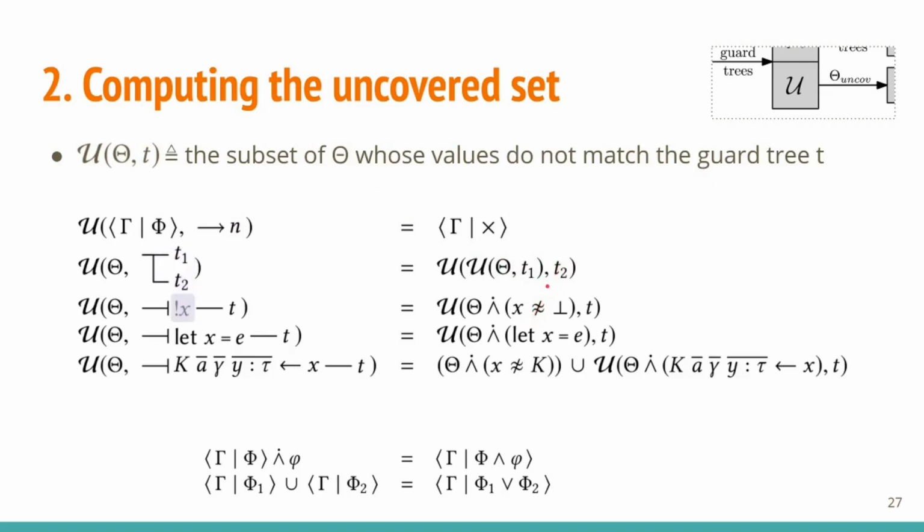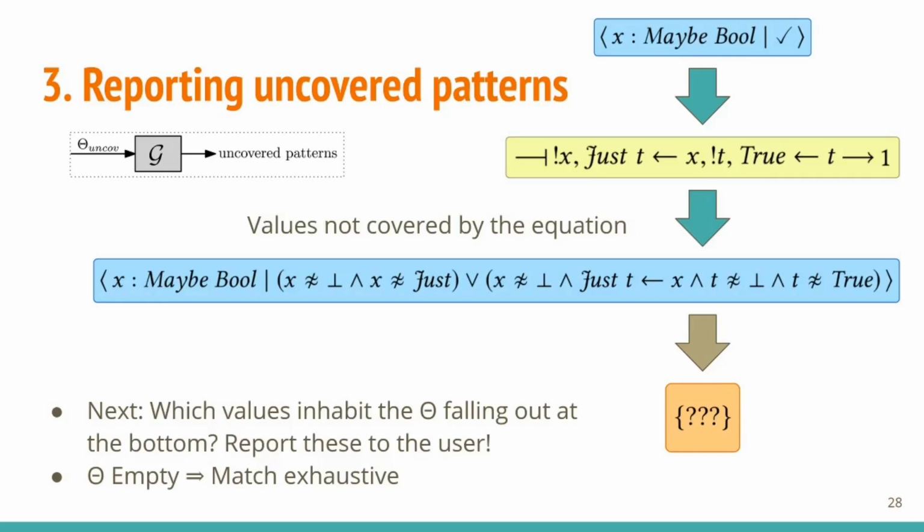A bang guard on X adds the constraint that X can be bottom to the incoming values of the subtree. Likewise for let bindings. A pattern guard matching against constructor K will fall through when X is not K. Also, everything not covered by the subtree is uncovered, so we adjoin the two refinement types. And that's all there is to coverage checking.